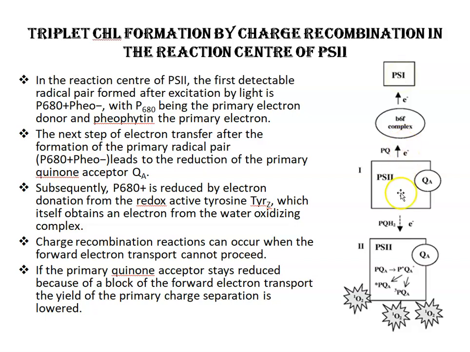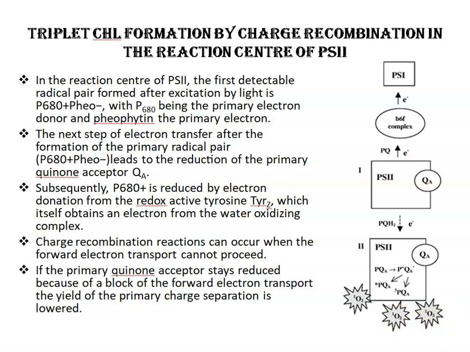If this forward electron transport is blocked, then charge recombination reactions occur in photosystem 2. This leads to the formation of triplet chlorophyll, which reacts with oxygen to form singlet oxygen, right?